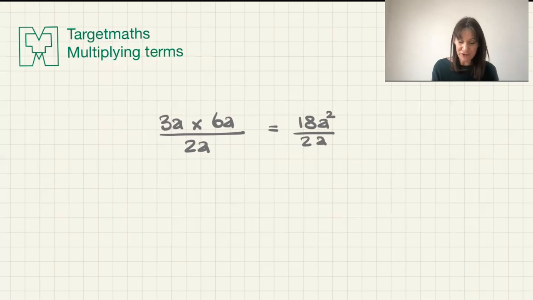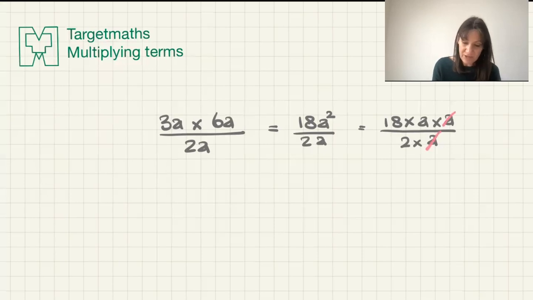Let's look at this in full. We've got 18 A squared. Oops, actually, I'm going to show my times sign. I've got 18 times A times A, all over 2 times A. Now I can cancel an A from the top and an A from the bottom.